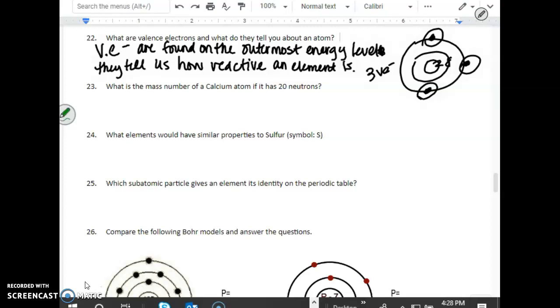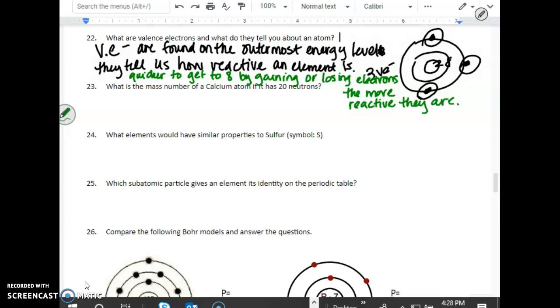I'm going to put that in there. The quicker to get to 8, because 8 is great, by gaining or losing electrons, the more reactive they are.